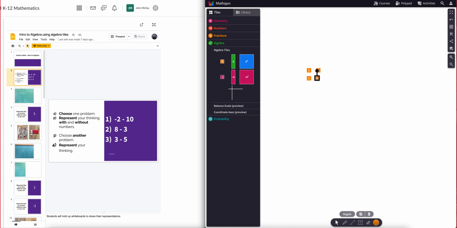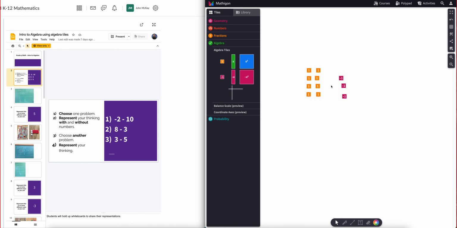It takes a little bit of time to build these things, but it would probably take time to build them in real life too. So you've got 8 orange positive tiles, and then you're introducing these -3 ones as well. Now you've got 8 minus 3. You've built the question.